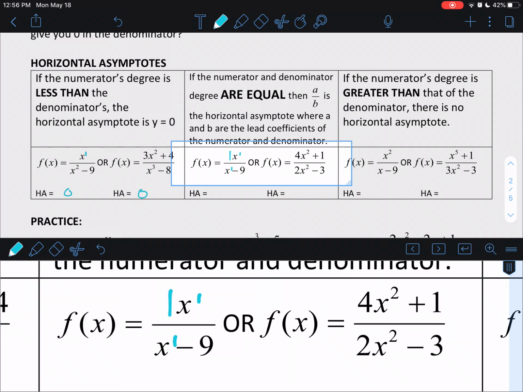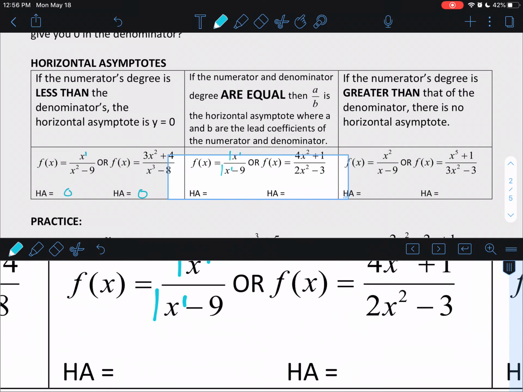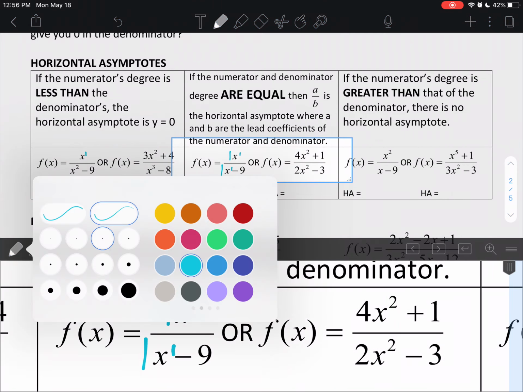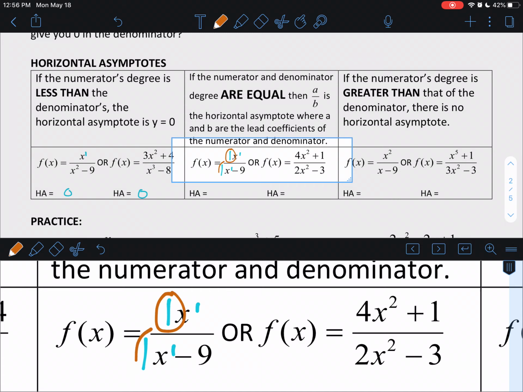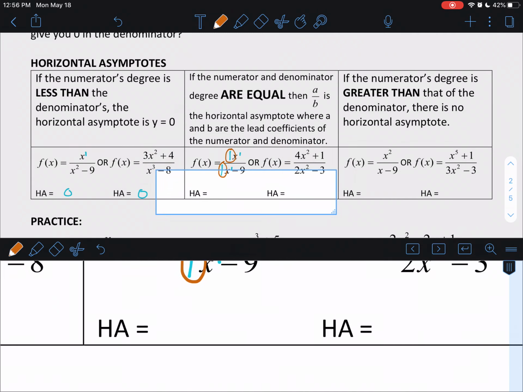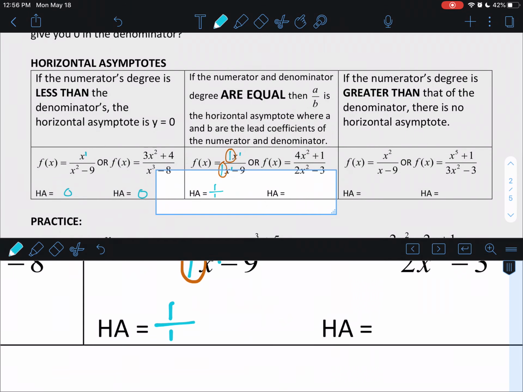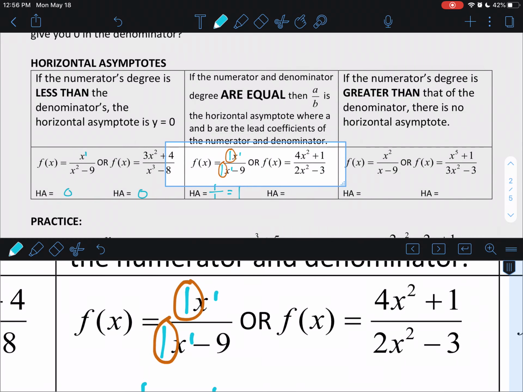This is 1x to the first, and this is 1x to the first. So I'm just going to take this 1 and this 1, the number in front of the x. And that's only if the degrees are equal. So it's 1 over 1, or just 1. The horizontal asymptote of this function is going to be 1.